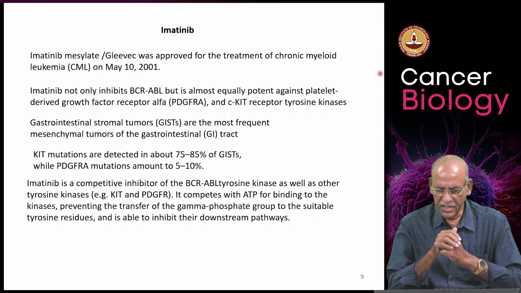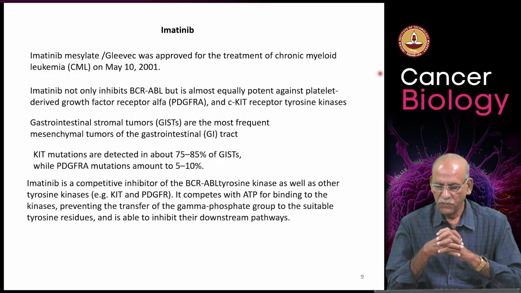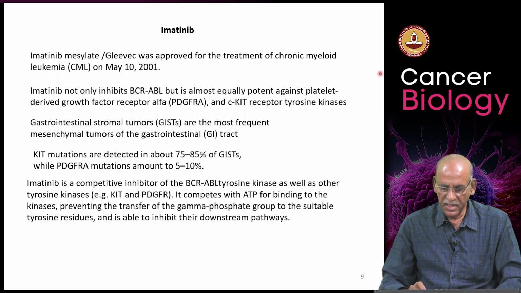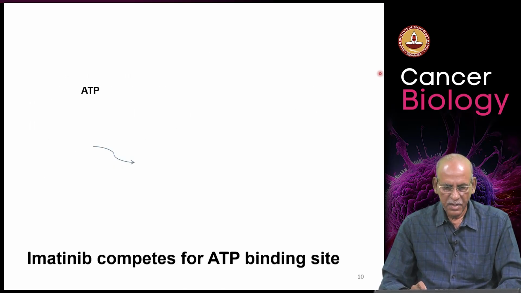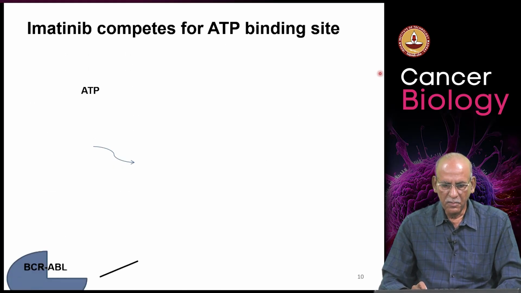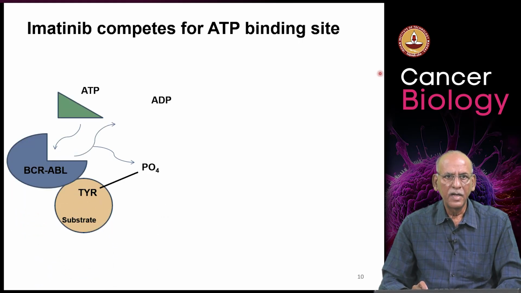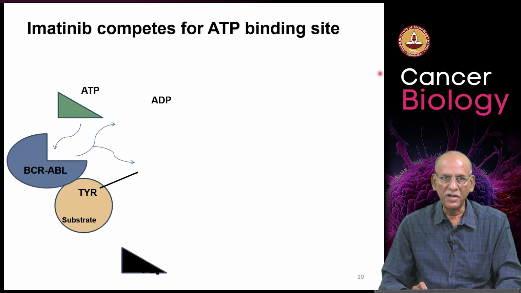It competes with ATP for binding to the kinases, preventing the transfer of the gamma phosphate group to the suitable tyrosine residues. Thus, it is able to inhibit the downstream pathways. We will look at it. Now, let us say this is BCR-ABL and this is the ATP, and then there must be a substrate which contains the tyrosine residue which needs to be phosphorylated.